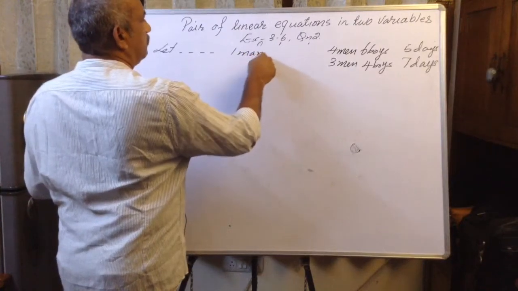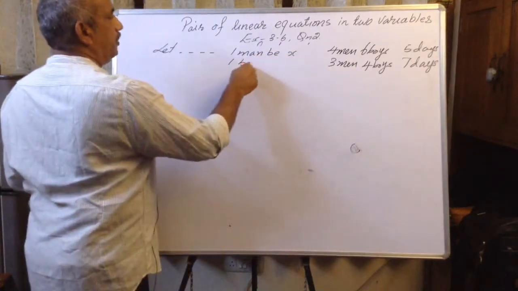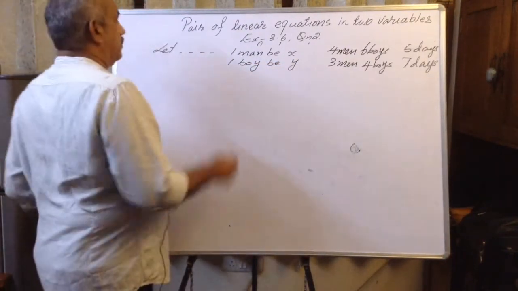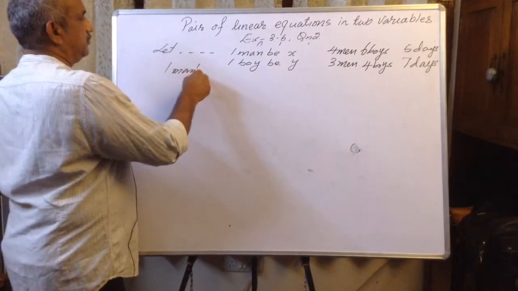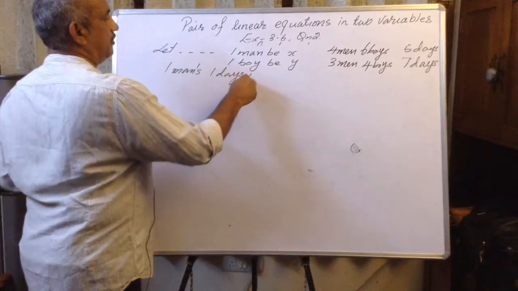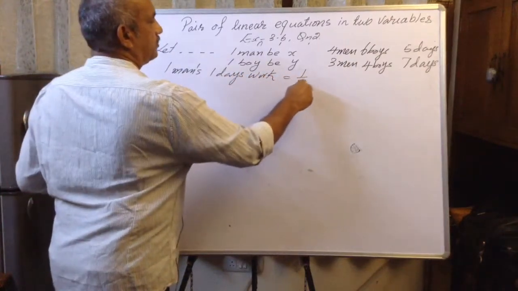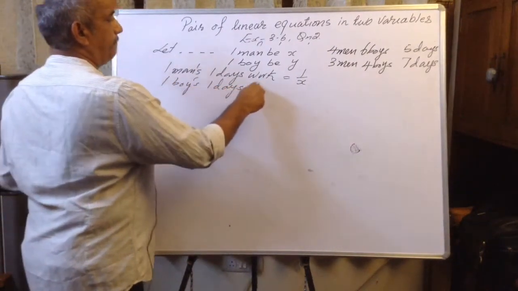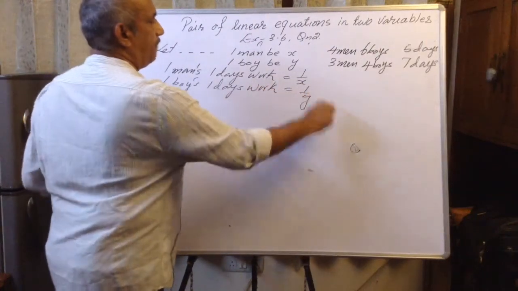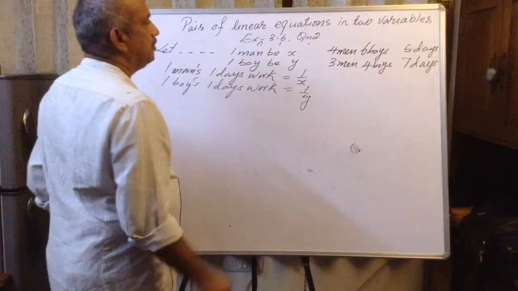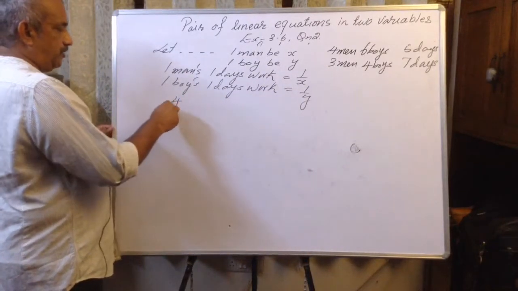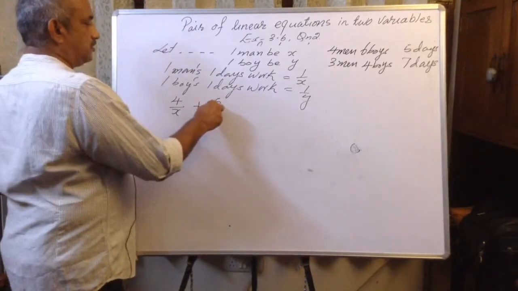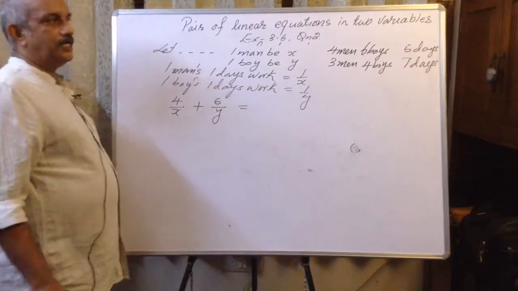So we'll assume let the number of days taken by 1 man be X and 1 boy be Y. Then 1 man's 1 day's work is 1 upon X, 1 boy's 1 day's work is 1 upon Y. Now how many men and how many boys? 4 men's 1 day's work, 4 upon X, plus 6 boys' 1 day's work, 6 upon Y, is equal to, together they are taking 5 days.